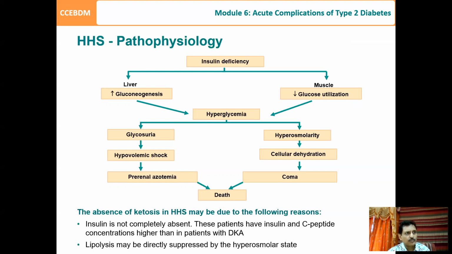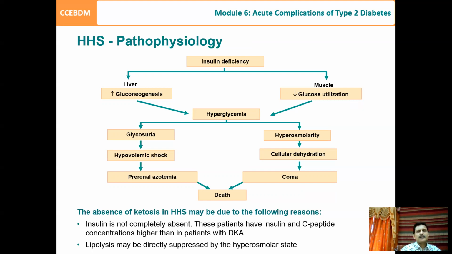of the ketogenic process. But because there is an insulin deficiency, there is hyperglycemia and glycosuria, and once there is glycosuria, a lot of water comes out, and there will be hypovolemia, which leads to hypovolemic shock, prerenal azotemia, the urea and creatinine go up, and that can lead to death.